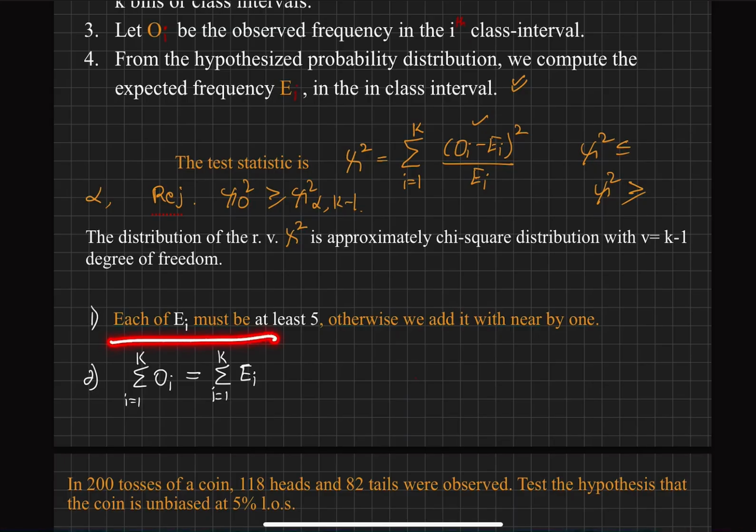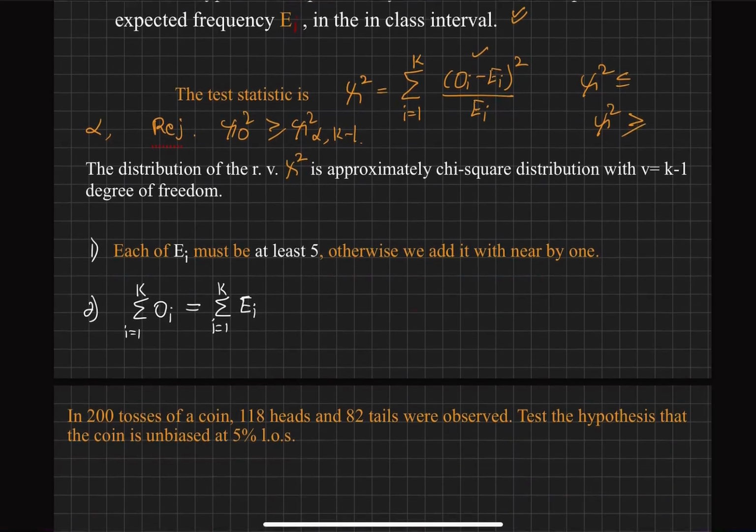Second, the sum of the expected values must be equal to the sum of the obtained values. Then only we can go ahead. If they are not equal, we have to make small changes in one or two expected values so that the sum of the expected values is equal to the sum of the obtained values.